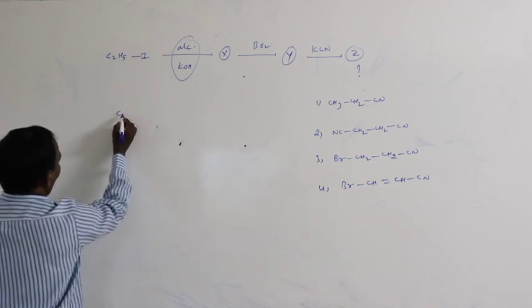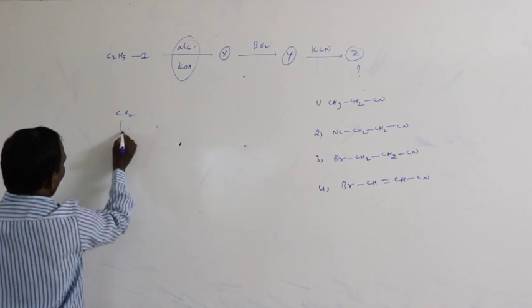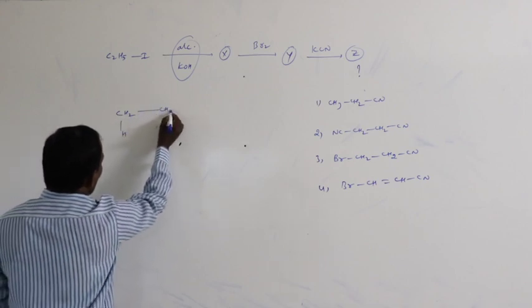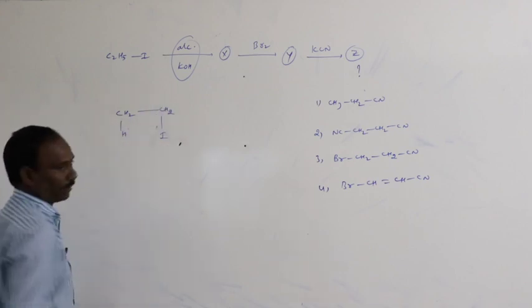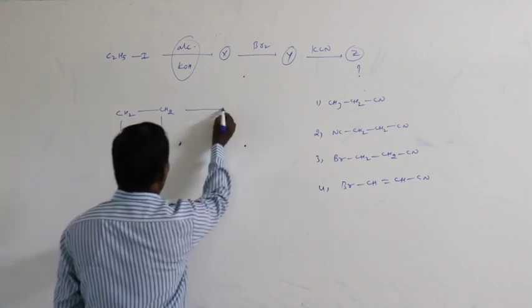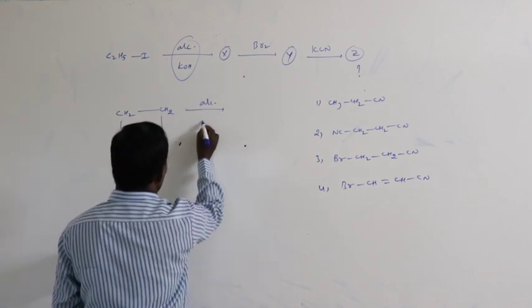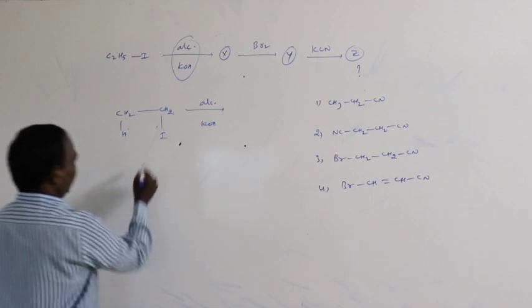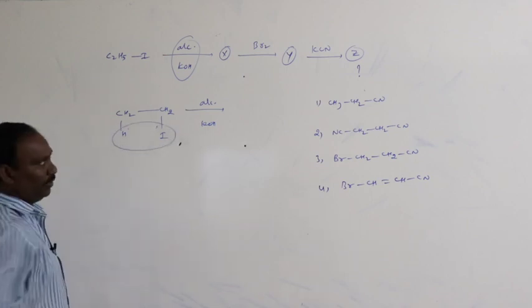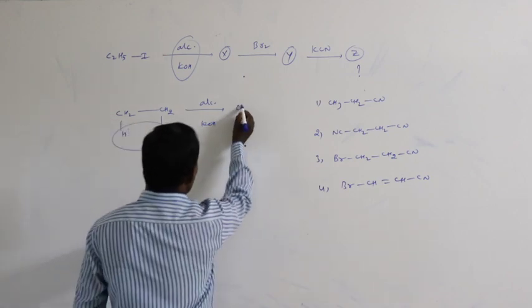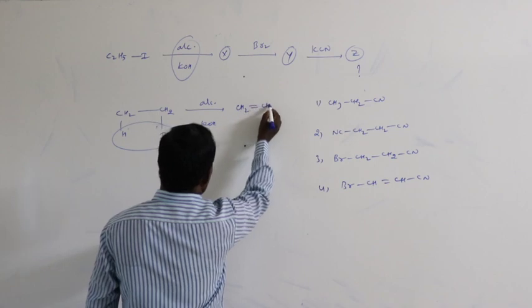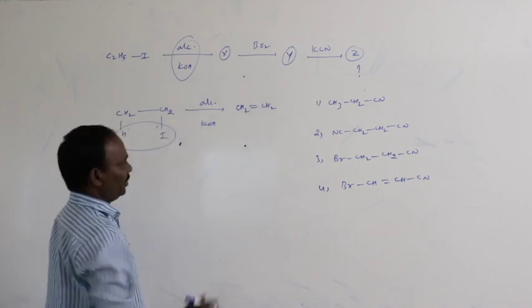So first compound is CH3CH2I, ethyl iodide. Alcoholic KOH means dehydrohalogenation. It gives ethene, CH2=CH2.